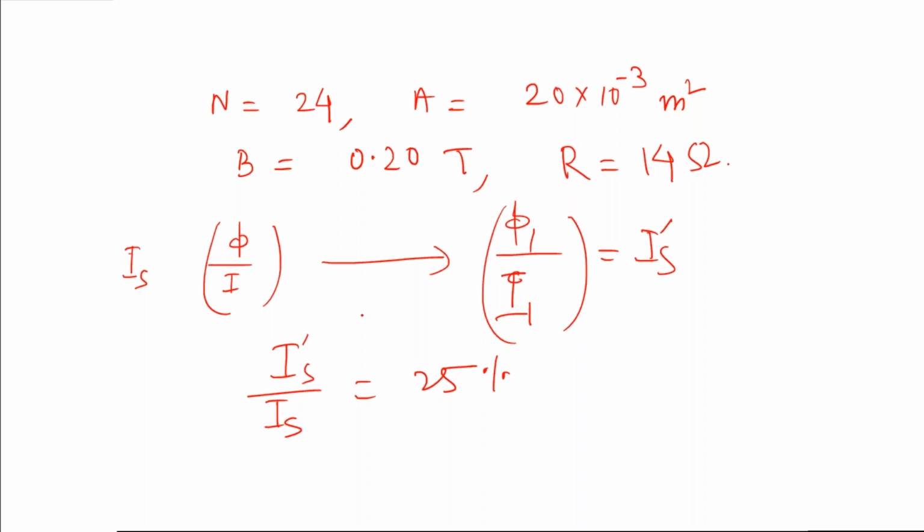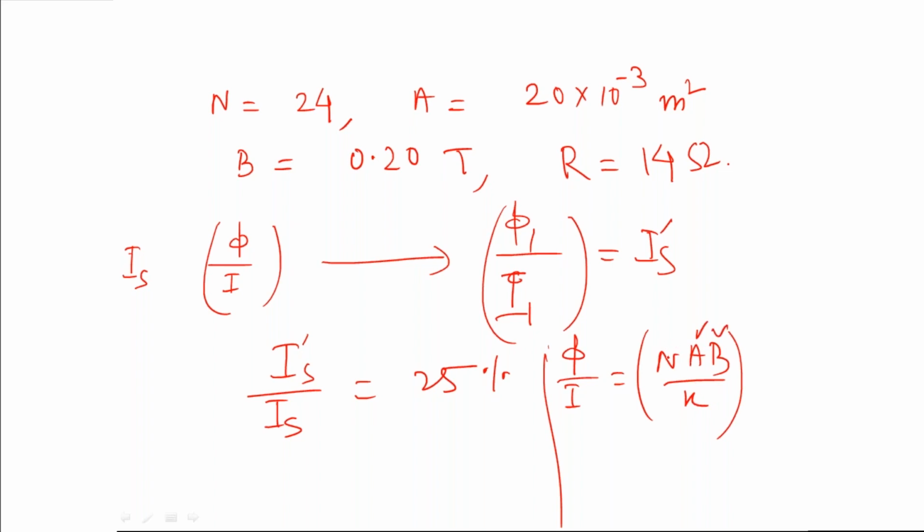So look here, as we have discussed already in the previous problem, phi by I is equal to N A B by K. So this is the current sensitivity. See, in the problem it is given that A and B cannot be changed, and K is always constant.